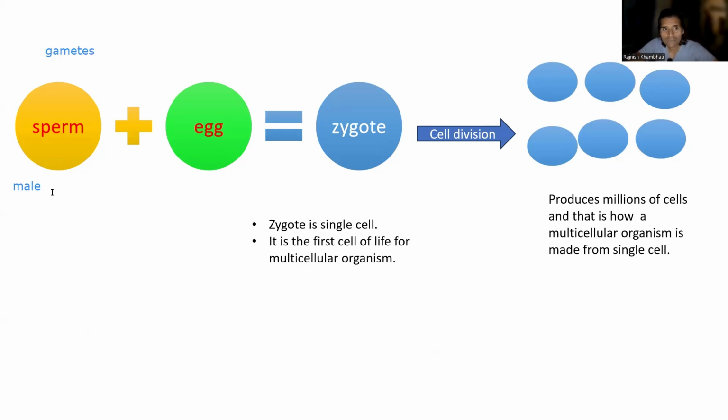Sperm is coming from the male, so it is called the male gamete. And the egg is called the female gamete. So when the male gamete and the female gamete fuse together, the process is known as fertilization.